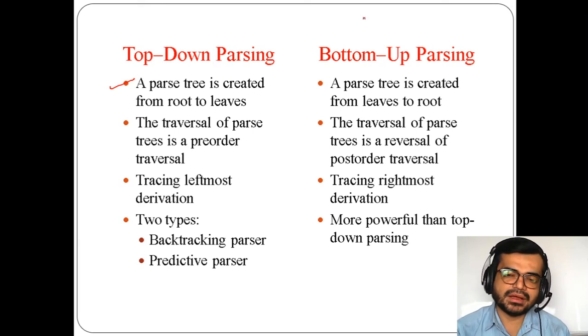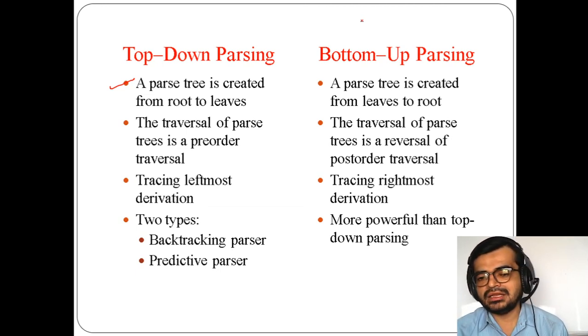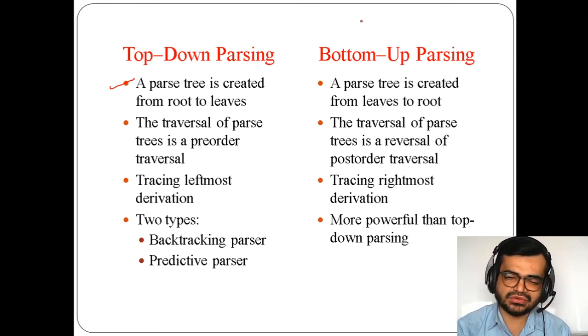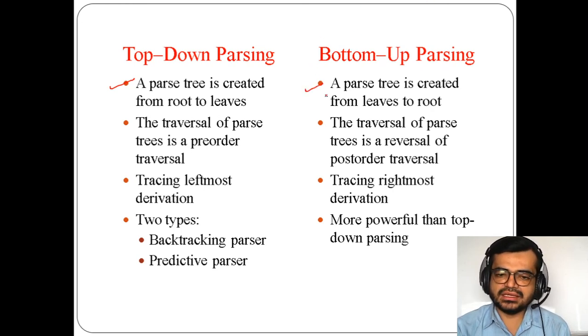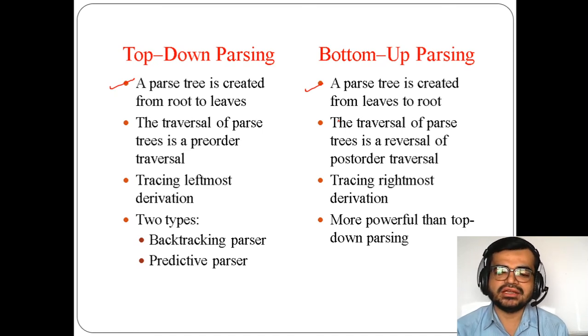Similarly, in bottom up parsing you have to go the other way, in a reverse way. You have to take the leaf nodes, the terminals, and using the terminals we have to reach the start symbol. If you reach the start symbol, then you can say that the given parse tree is a correct parse tree. That is why bottom up parsing is more powerful than top down parsing.